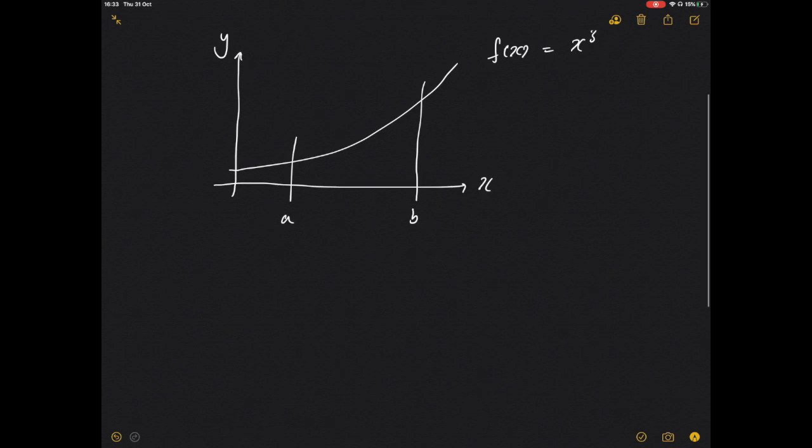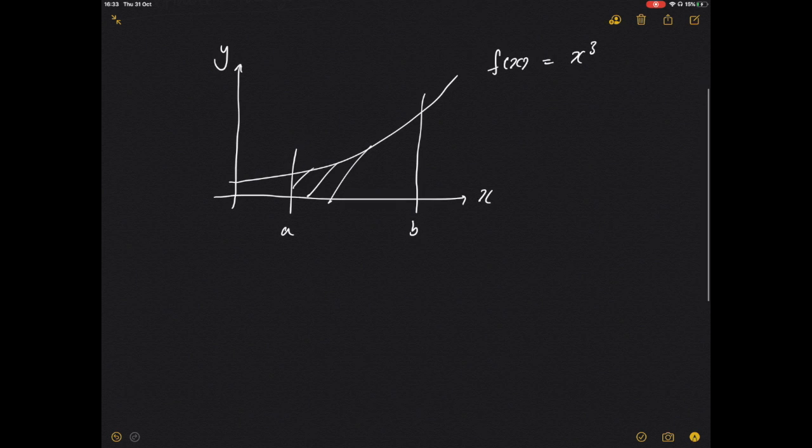To find this area, of course, we need to integrate f of x, but we can actually define the upper and lower limits. So that would be our b and our a.